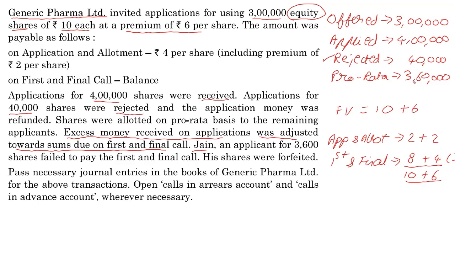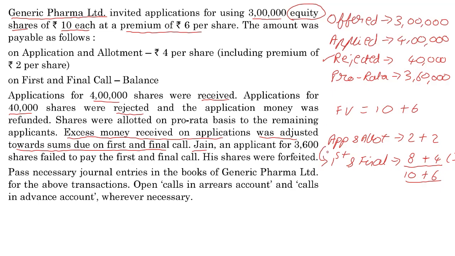People have applied to buy 3,60,000 shares, but we're offering only 3 lakhs. So for all 3,60,000, we're going to adjust and give everybody 3 lakhs. For example, if you applied for 36 shares, you're going to get only 30 shares. Like that, we're going to adjust. That extra 60,000 is basically going to get carried forward into the next level, which is first and final call.